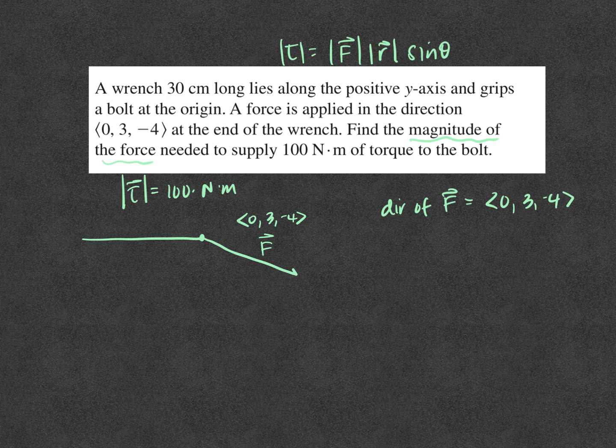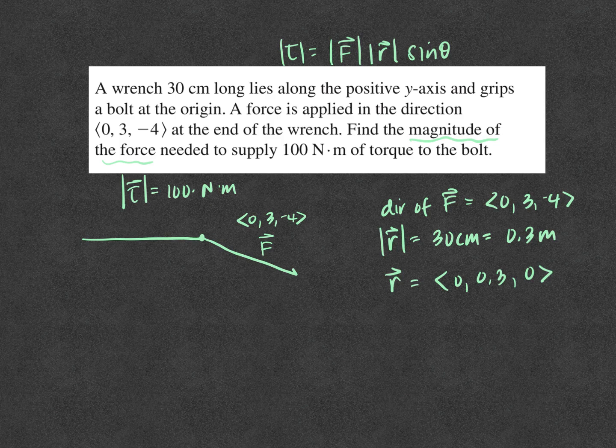So let's start with the length of r is 30 centimeters, which is 0.3 meters. So that means that if the length of r is 0.3 meters and it's on the y-axis, there's 0 for x, 0.3 for y, and 0 for z.